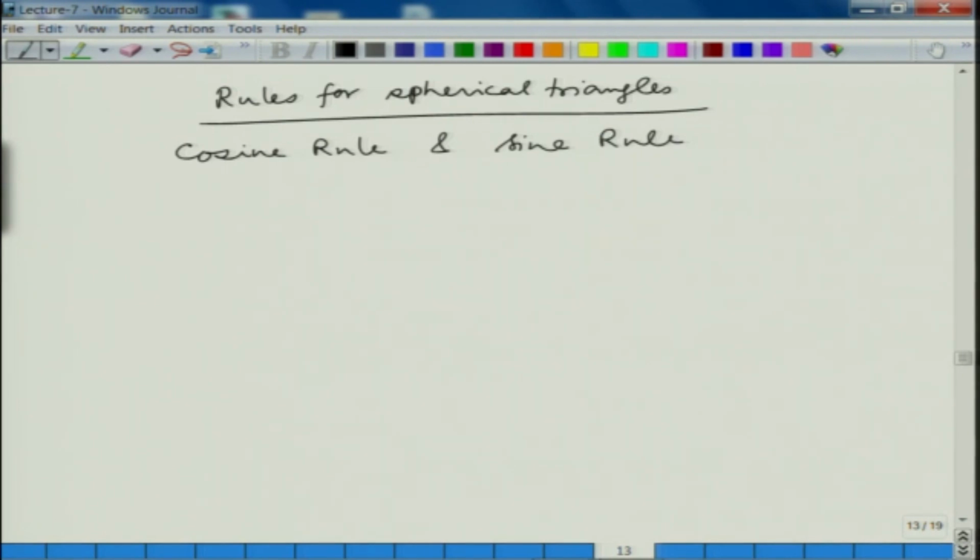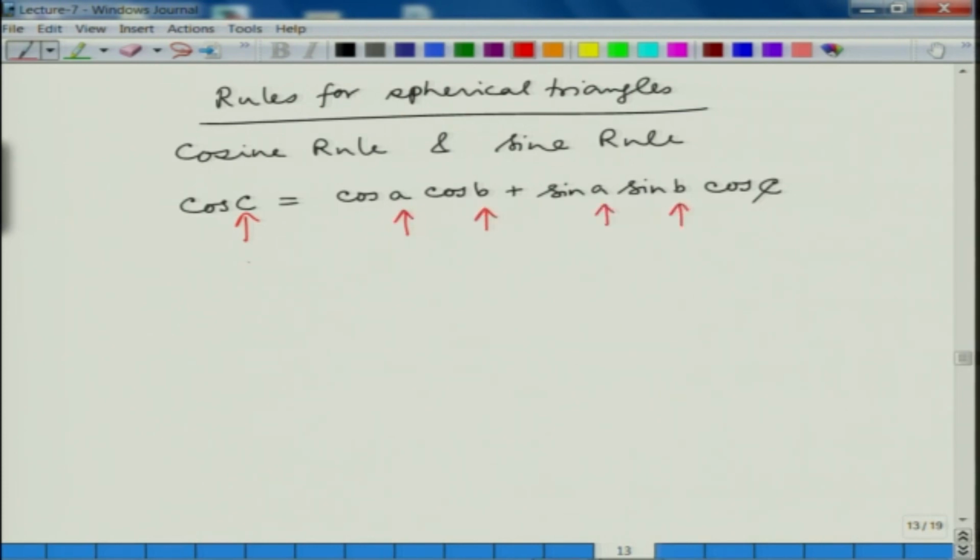What is the cosine rule? It is this one: cos c equals cos a cos b plus sin a sin b cos capital C. Okay. So, what is going on here? These a, b and c are all small letters.